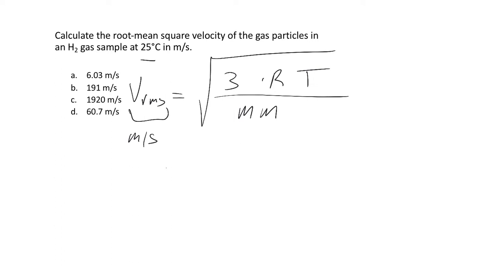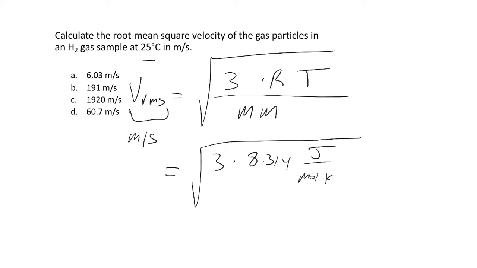So if I start plugging into this equation here, I'm going to take the square root of 3, I'm going to use the 8.314 joules per mole Kelvin. Then we multiply by the temperature. Of course, it has to go to Kelvin. Everything in this chapter is going to Kelvin, so that's 298 Kelvin. And then the molar mass is the next unit we have to think about what unit we want to put it into.